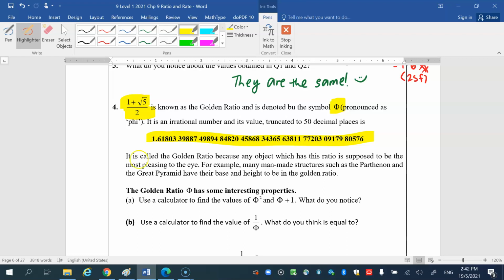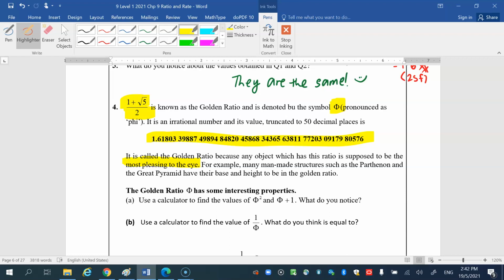Okay, so they say that faces or structures with this ratio are supposedly more beautiful or more pleasing to the eye, although I myself don't really believe in it because beauty is in the eye of the beholder and we shouldn't judge anything or anyone based on their looks. But mathematically, apparently, they say that this is the most pleasing to the eye.